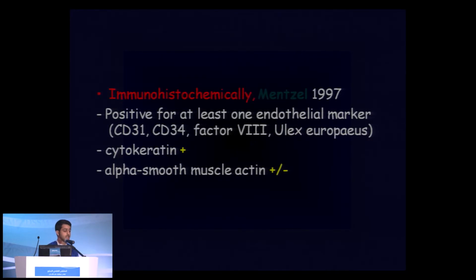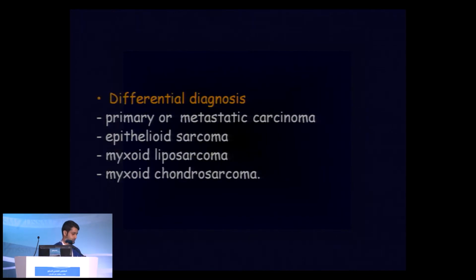Immunohistochemically, as per Mentzel in 1997, it is positive for at least one endothelial marker, which is CD31, CD34, factor 8, or Ulex europaeus, and cytokeratin positive, with alpha smooth muscle actin positive or negative. Differential diagnosis: primary or metastatic carcinoma, epithelioid sarcoma, myxoid liposarcoma, and myxoid chondrosarcoma.